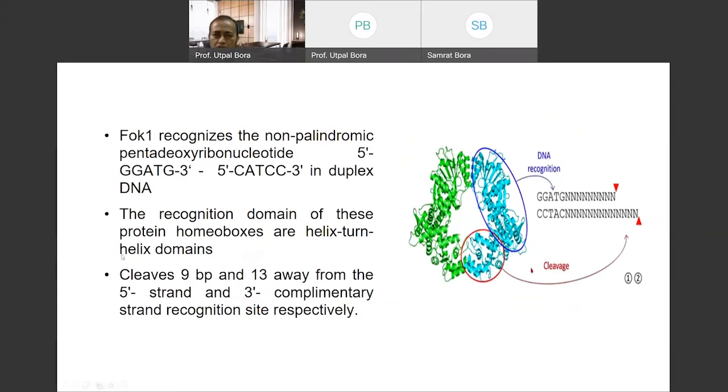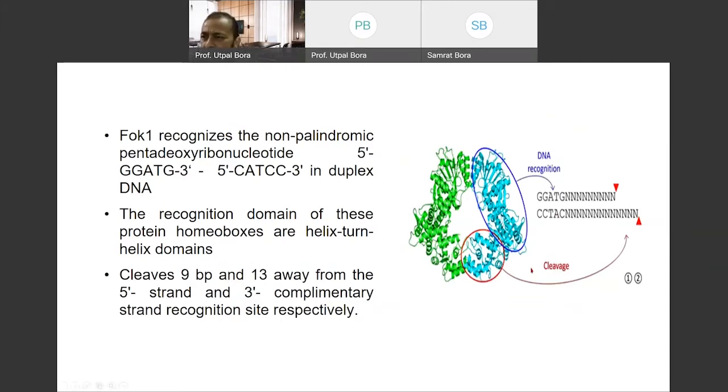The FokI enzyme recognizes non-palindromic sequences in the duplex DNA. The recognition domain of these proteins are helix-turn-helix domains. They basically cleave 9 base pairs and 13 base pairs away from the 5' and 3' ends respectively.